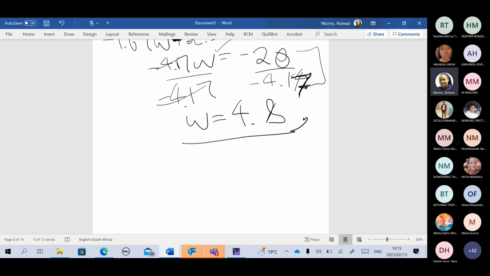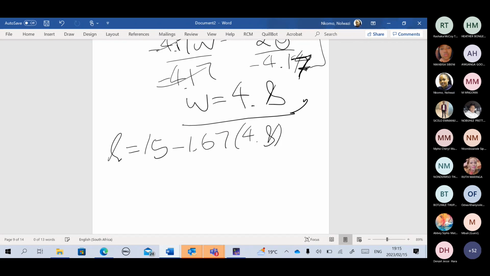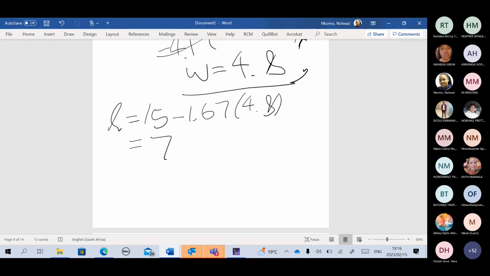Suppose I substitute it in the demand, then I will have Q equals 15 minus 1.67 times 4.8. And this gives us 7.